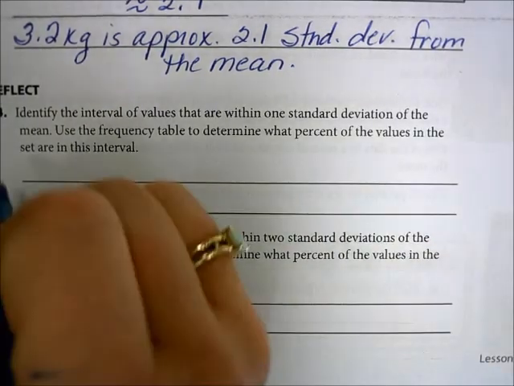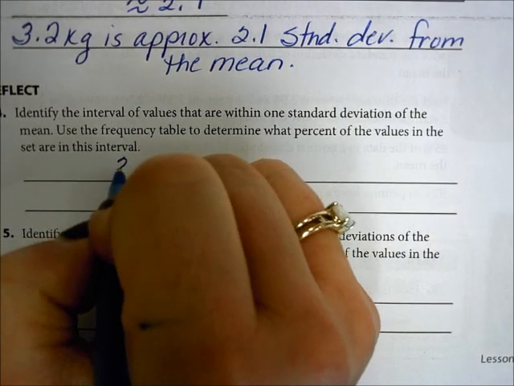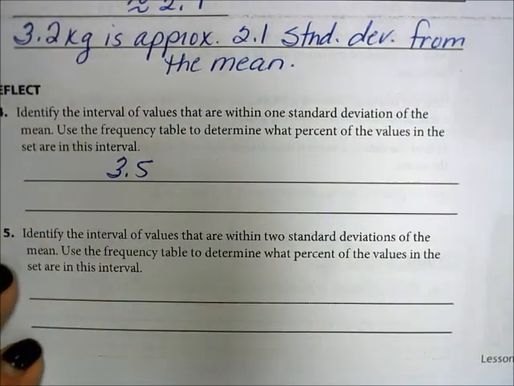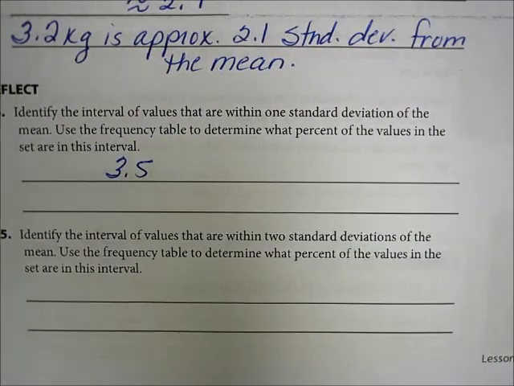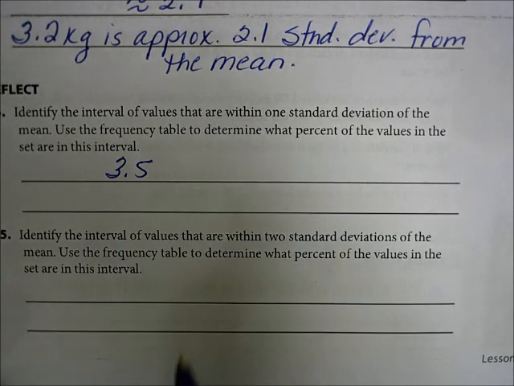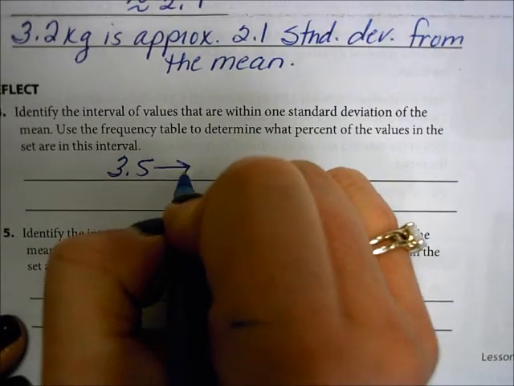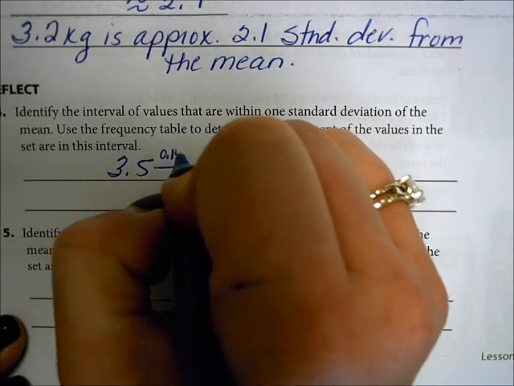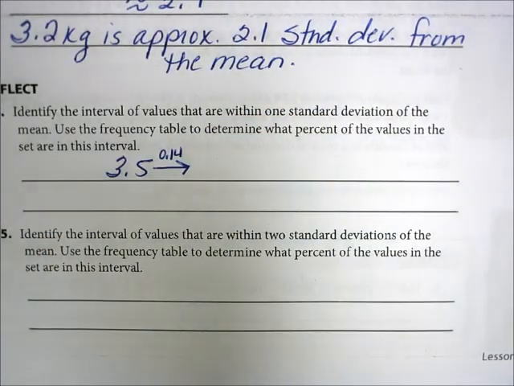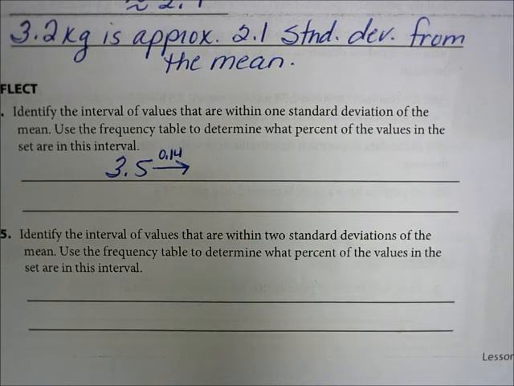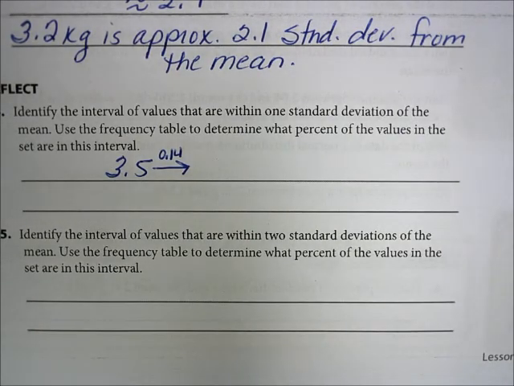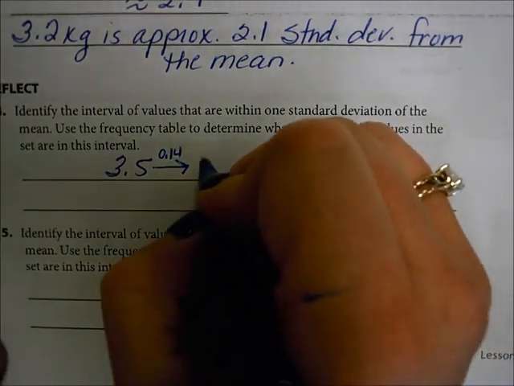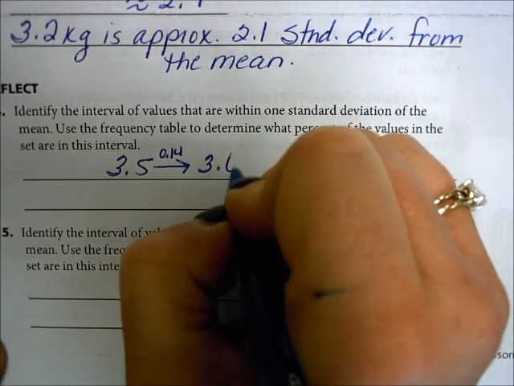So here's what I'm going to do. The mean is 3.5. Write this down with me. The mean's 3.5. I know that 1 standard deviation away, a standard deviation is 0.14. So 3.5 plus 0.14 is 3.64.